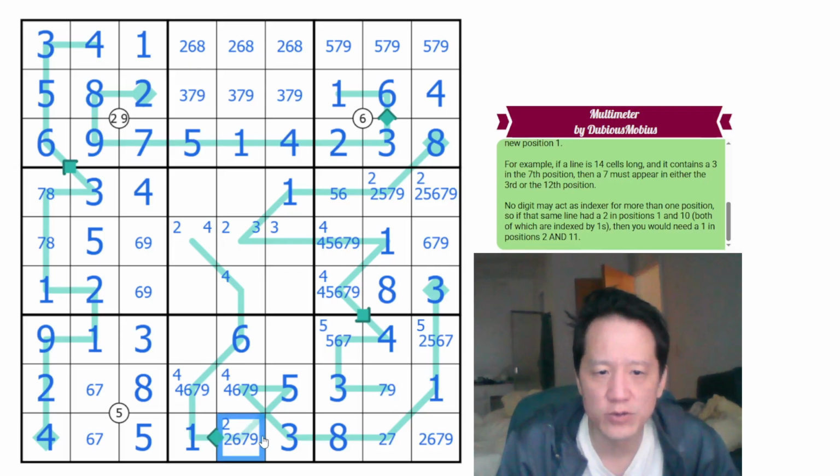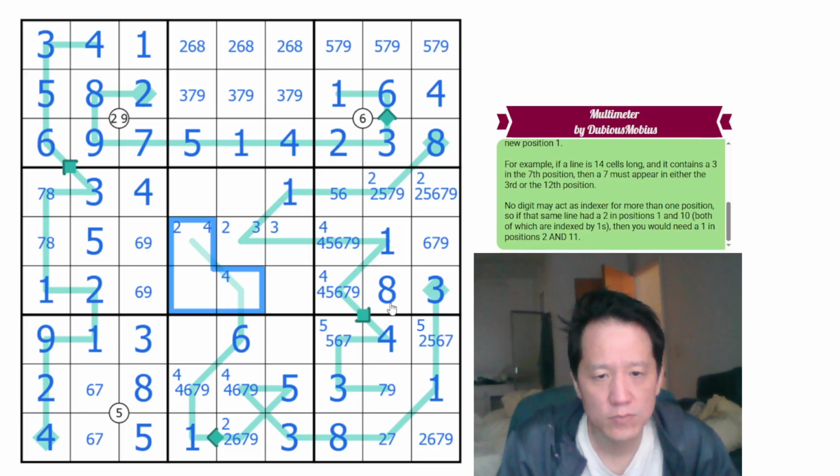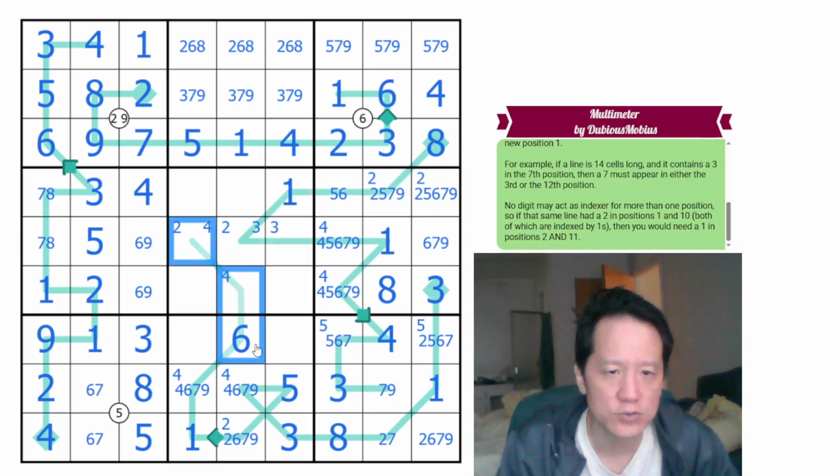Okay, yeah, we don't know anything about this 2. We do know about the 3, though. This 3, if this were here, this would force this to be a 9, which is not allowed. The 2 actually could be here. This is not a 2. We have to have 2 2s along this line and 2 2s along this line.